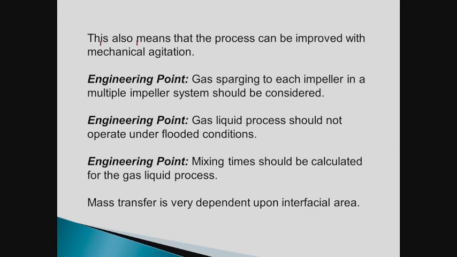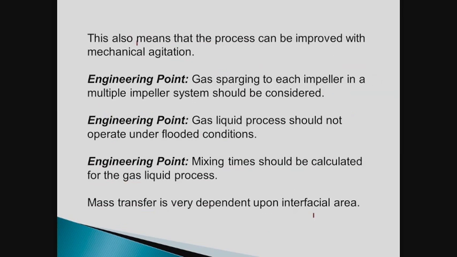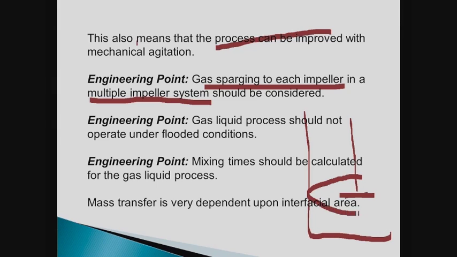If you have very poor mass transfer and the impeller can be turned off, that means you can make significant process improvements. And I like this idea, a gas sparge to each impeller. That's often the wise thing to do. I mentioned earlier in one of my scale-up examples, you have an impeller, and the impeller was performing very well with 50% of the gas here.